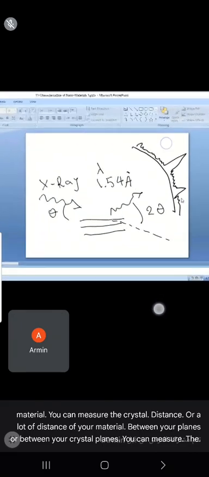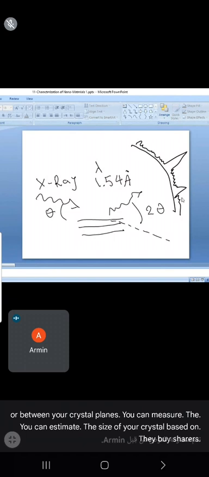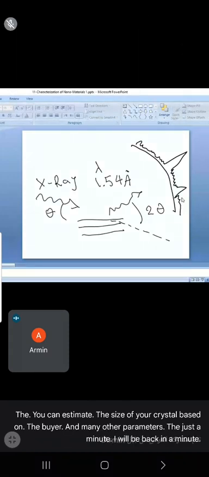You can estimate the size of your crystal based on the Scherrer equation and many other parameters. Just a minute, I will be back in a minute.